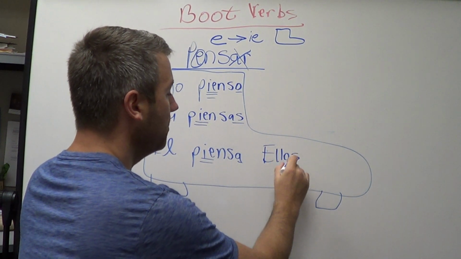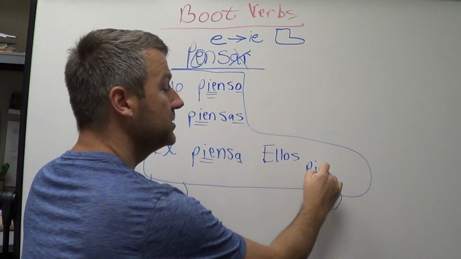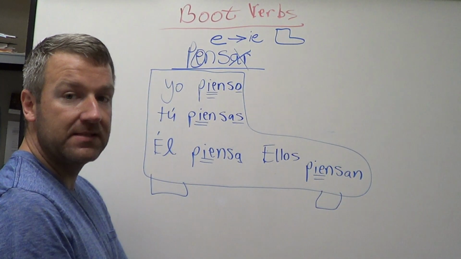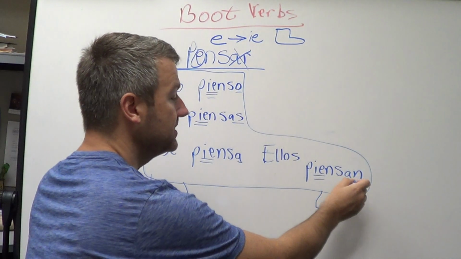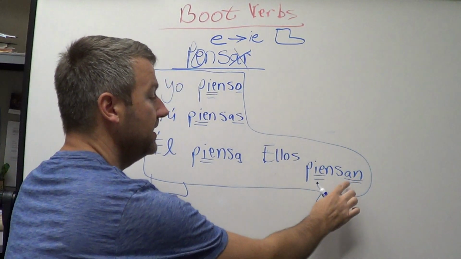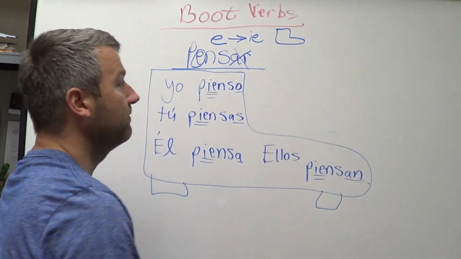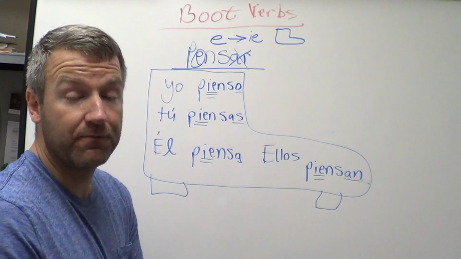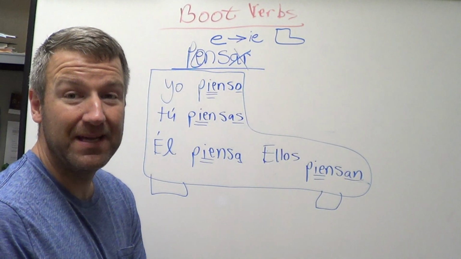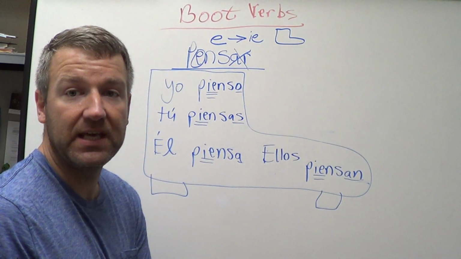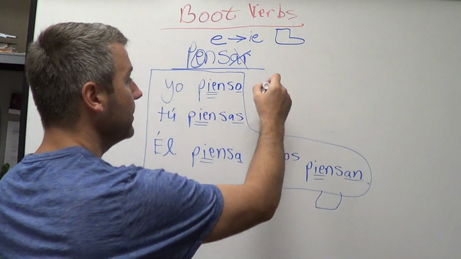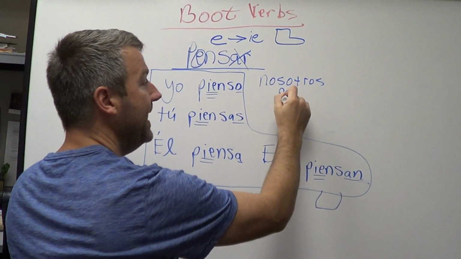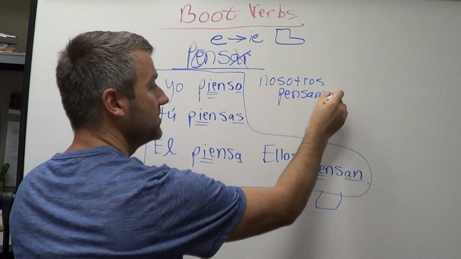The ellos form would be what? Ellos piensan. Yeah? Piensan, E to IE, but just still using the AN for an AR verb. Now, as I mentioned earlier, the nosotros form of these boot verbs does not change. So that means that you will not change the E to an IE. So for that reason, we just simply say, nosotros pensamos.